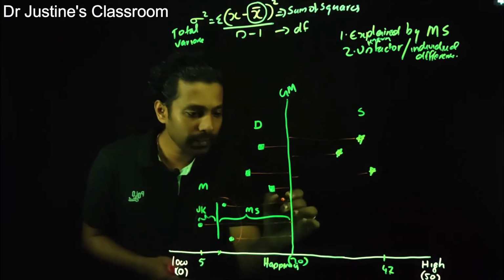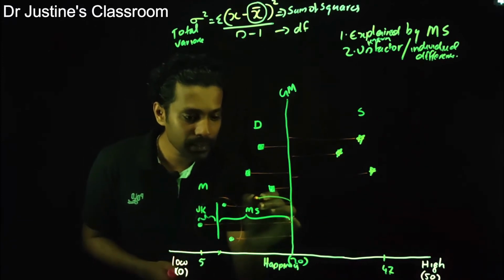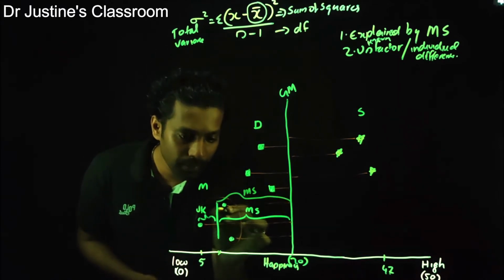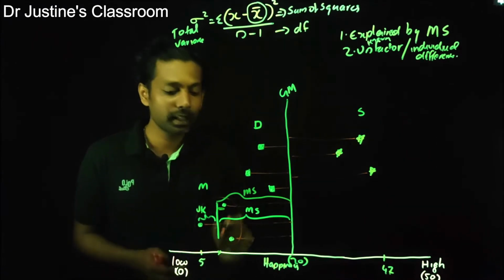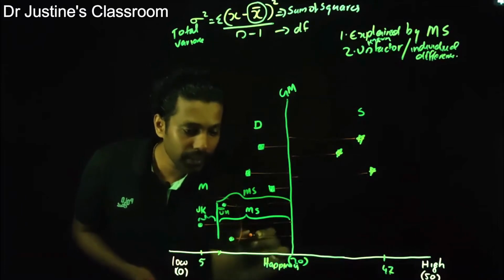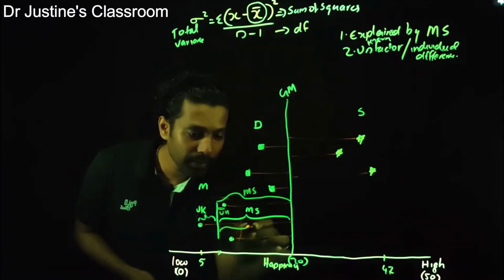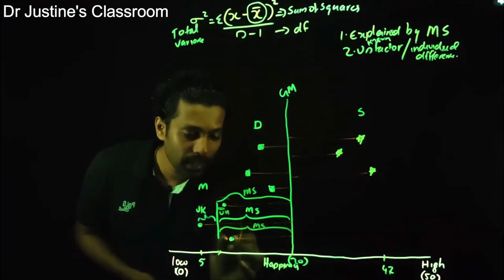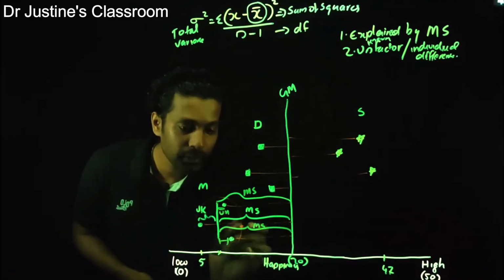So if I take this condition, this much is due to marital status, but this small difference here is because of the unknown factor. And if I take this condition, again this much is due to marital status, and this small part here is due to the unknown factor.